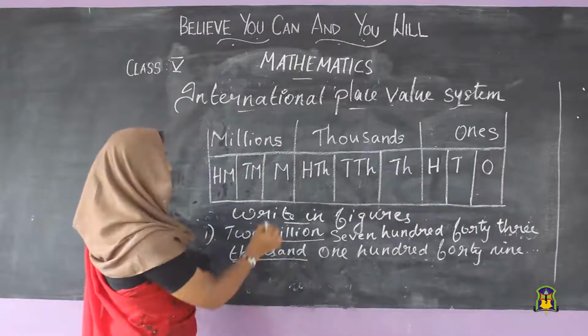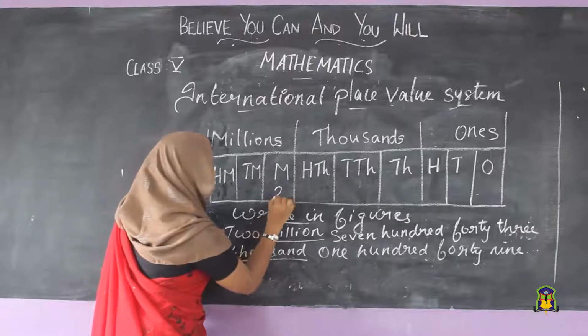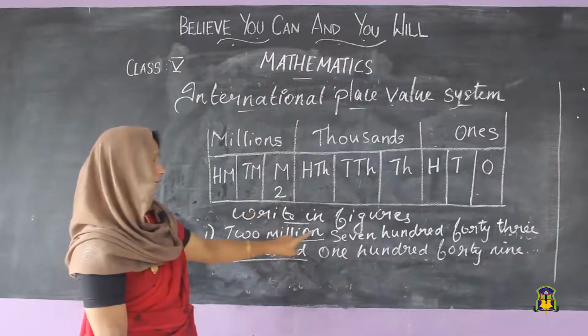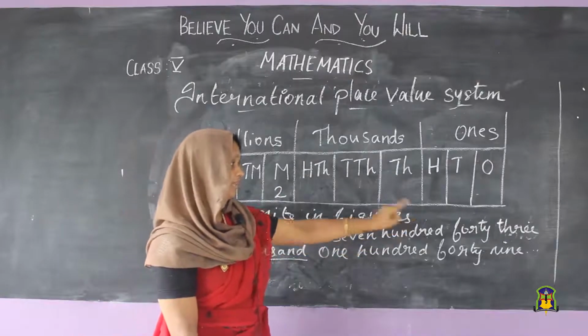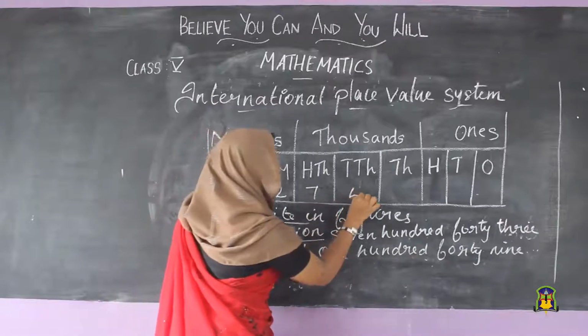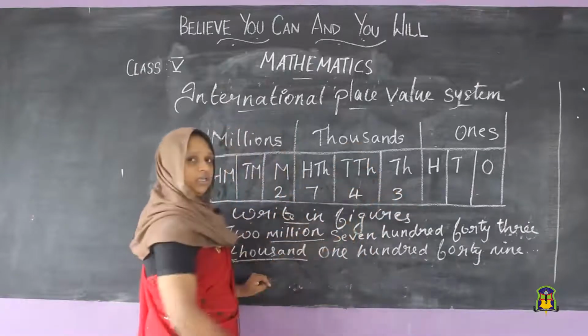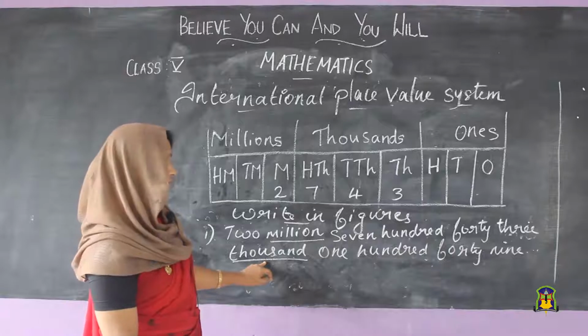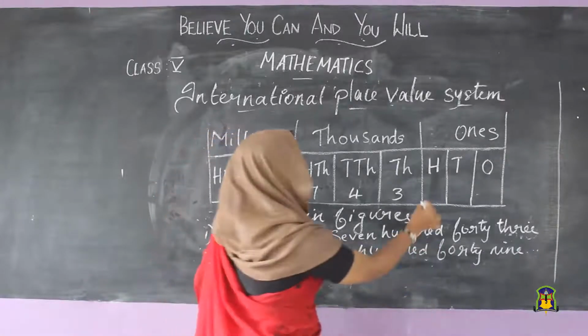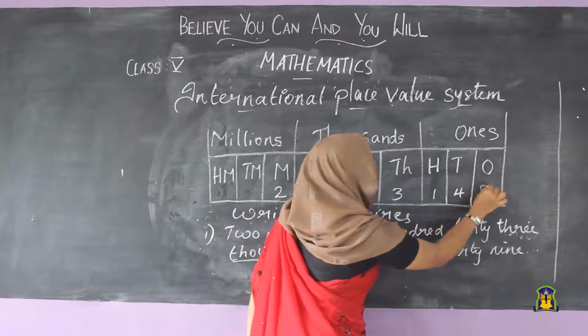So 2 million, I will write here 2. 2 comes under 2 million. Then 743,000. Next 149, that comes under the ones period.